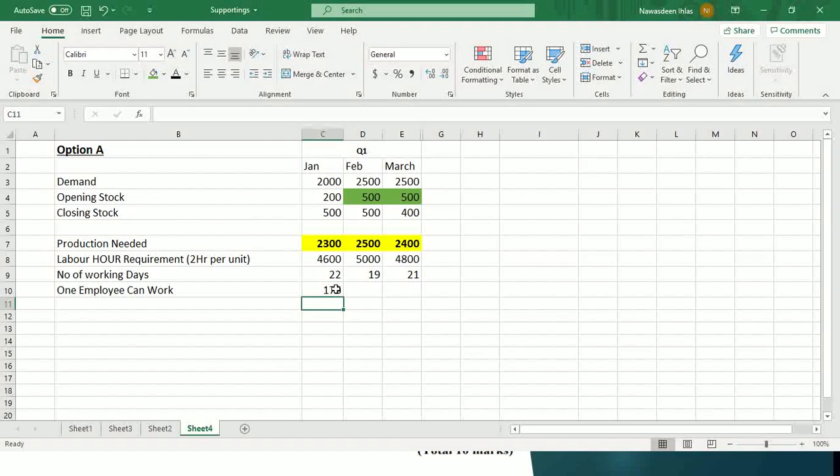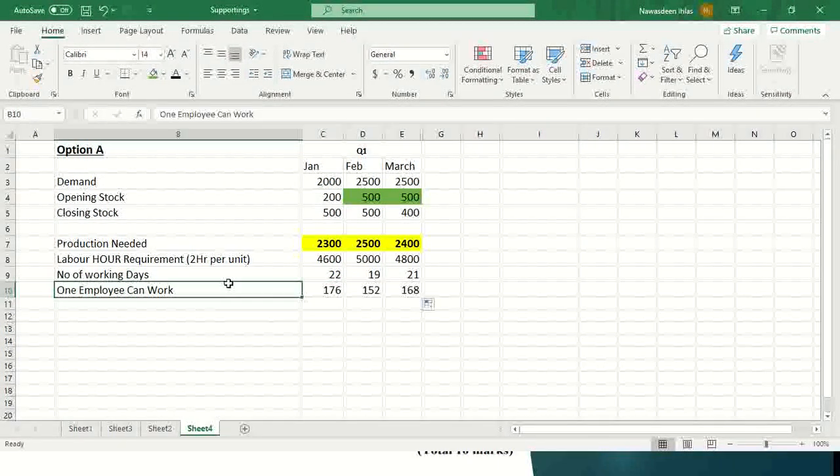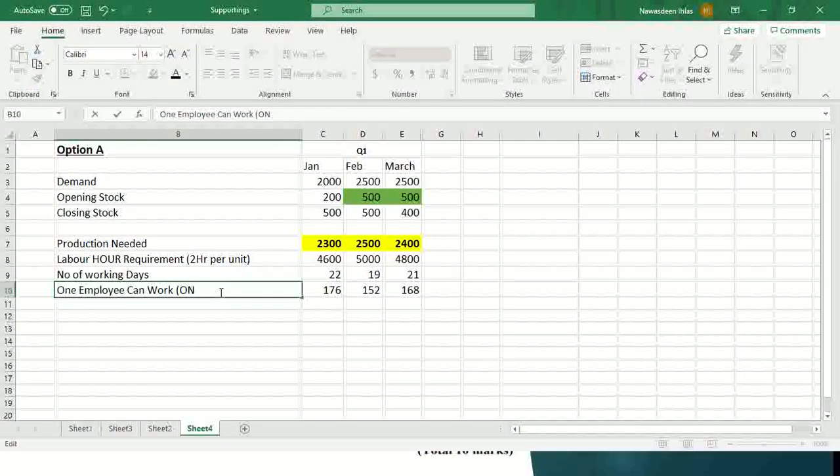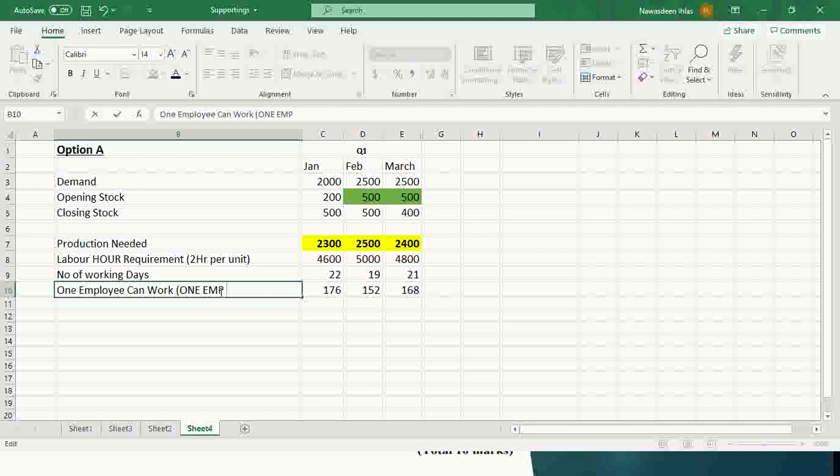Likewise, we can find this is one employee's capacity.